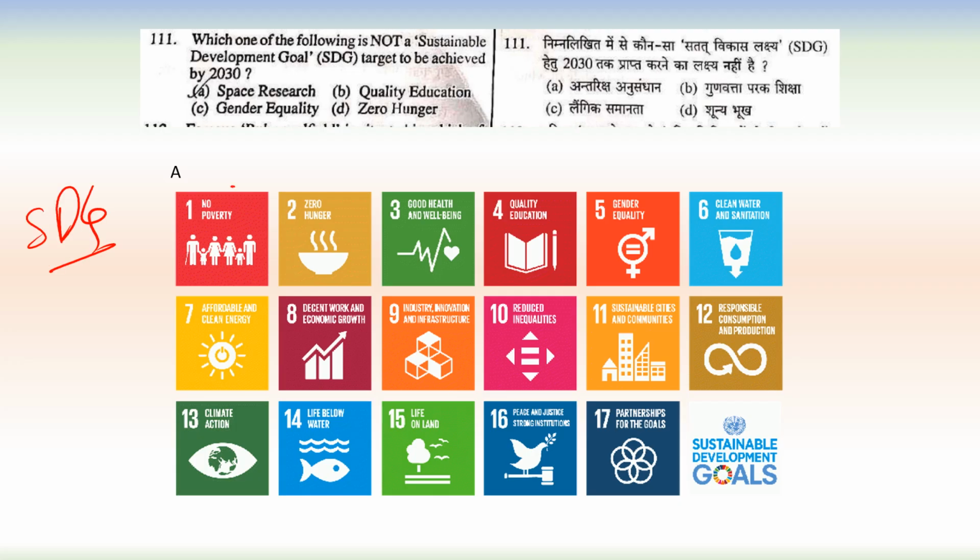First is no poverty, second is zero hunger, third is good health and well-being, fourth is quality education, fifth is gender equality, sixth is clean water and sanitation, seventh is affordable and clean energy, eighth is decent work and economic growth, ninth is industry, innovation and infrastructure, 10th is reduced inequalities, 11th is sustainable cities and communities, 12th is responsible consumption and production, 13th is climate action, 14th is life below water, 15th is life on land, 16th is peace, justice and strong institutions, and 17th is partnership for the goals.